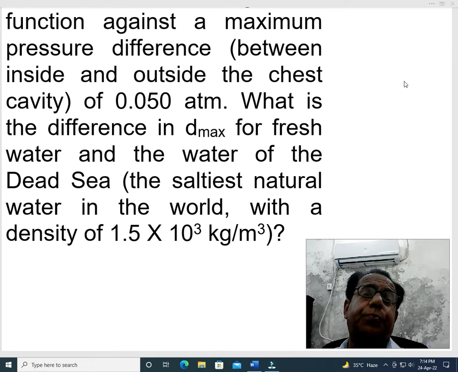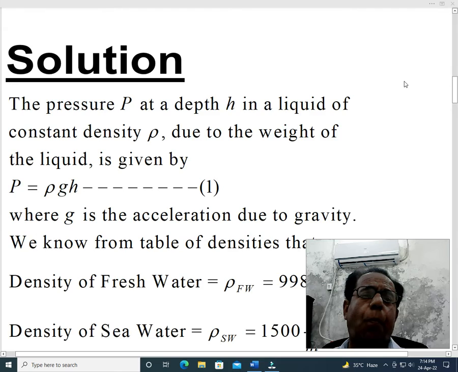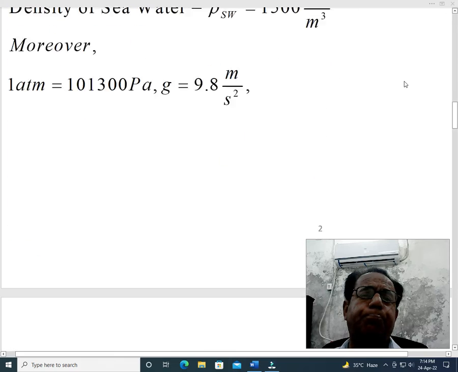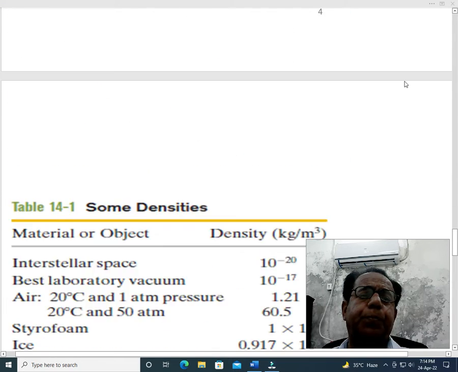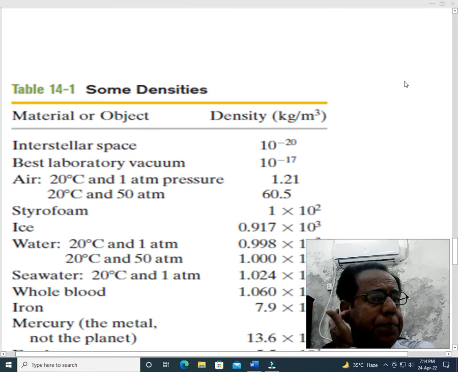Dear students, now first we go to the table of densities and decide which other density we should choose. This is the table.